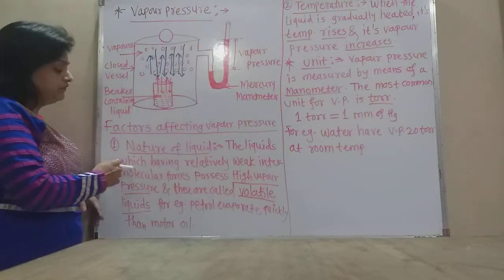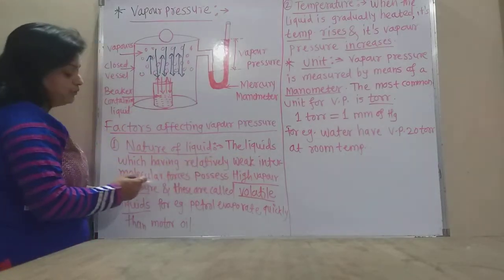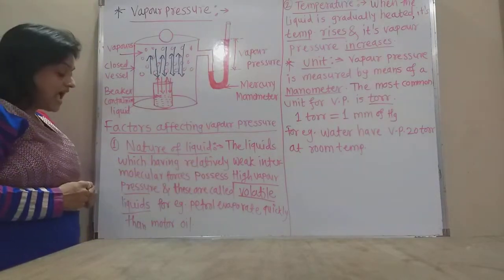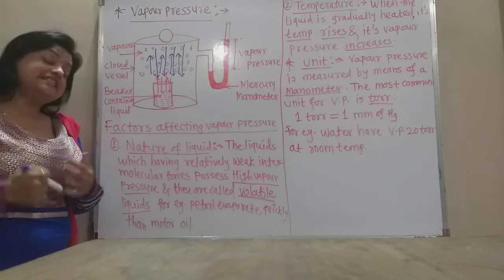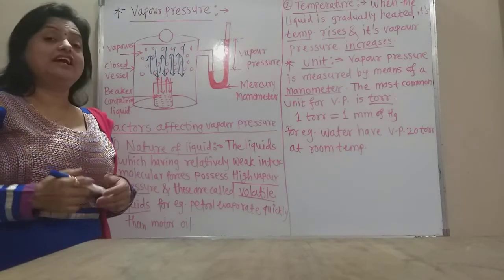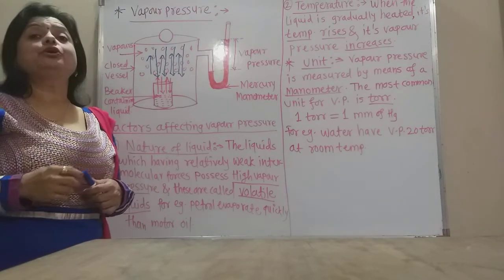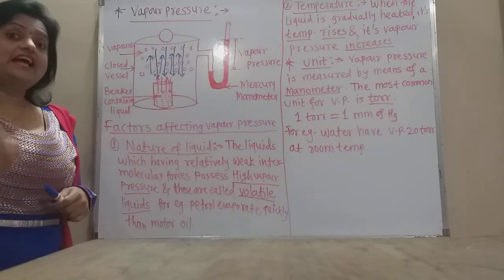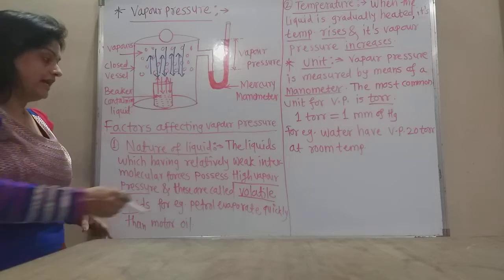So a liquid having relatively weak intermolecular forces possesses high vapor pressure, and liquids which have very high vapor pressure easily undergo evaporation in a very few minutes. They are called volatile liquids.